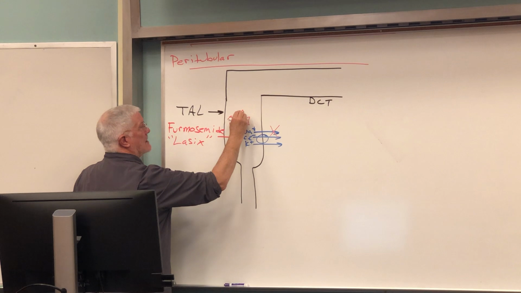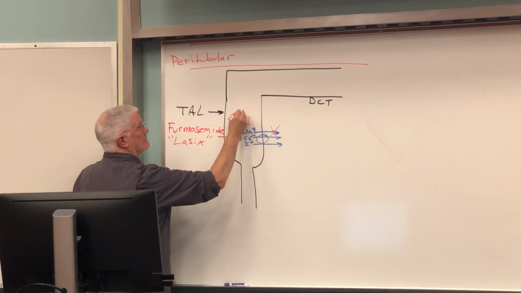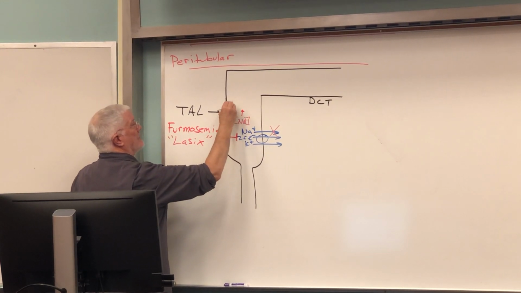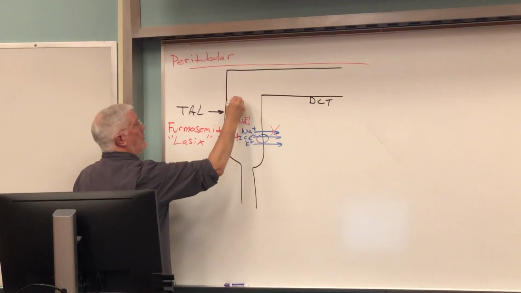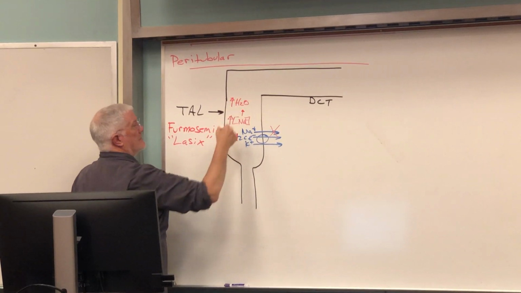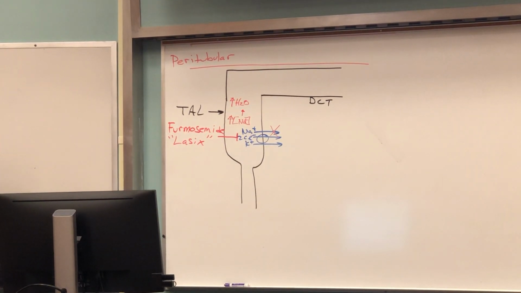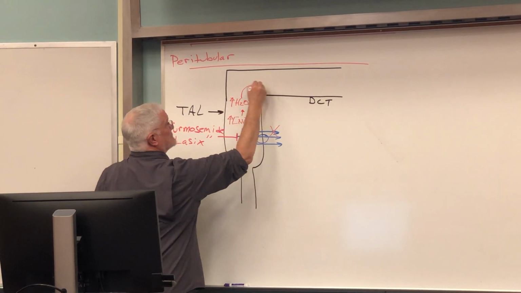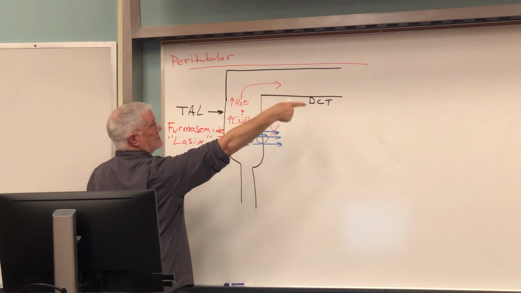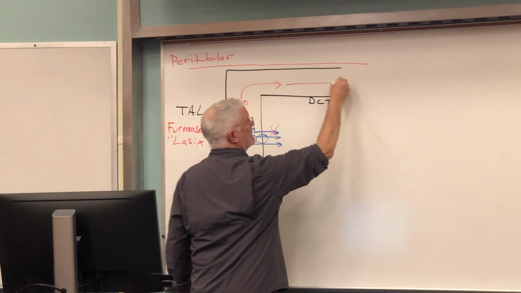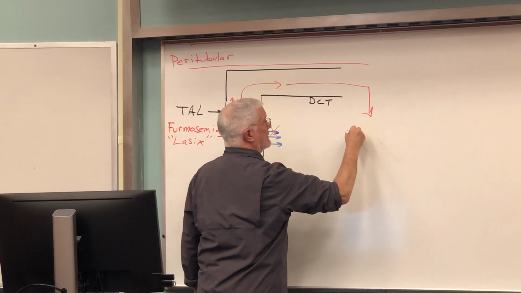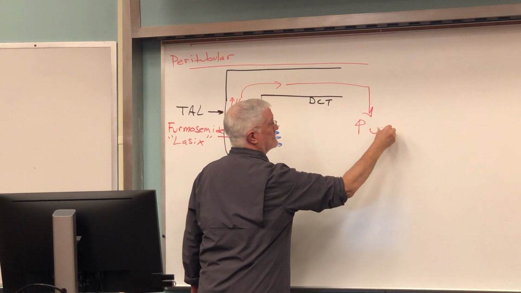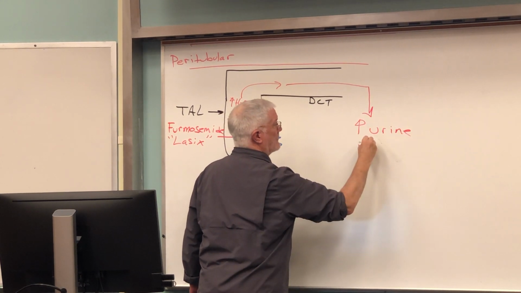That increase in sodium will lead to an increase in water, because remember, wherever sodium is, water wants to be. And that increase in water will simply be transported through our distal convoluted tubule, down our collecting duct, and you're going to get an increase in urine production. How about urine volume?